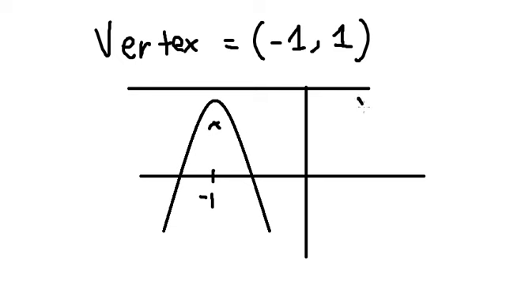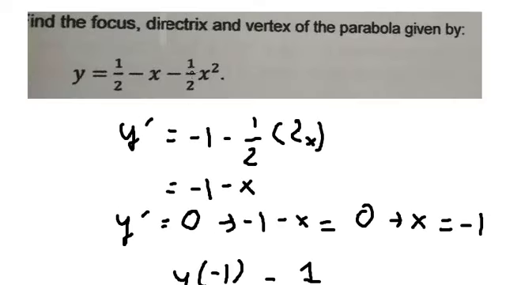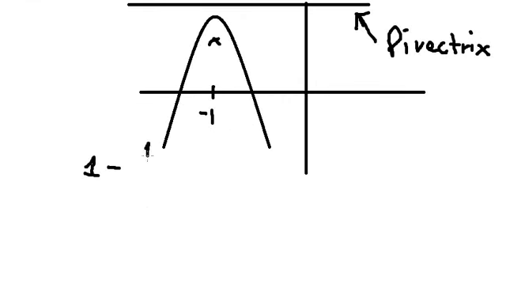So to find the directrix, we just put 1 minus, because the coefficient is negative, we subtract this one, 1 over 4a.